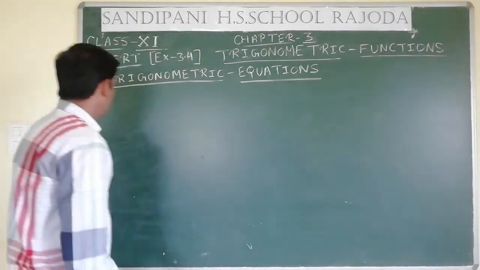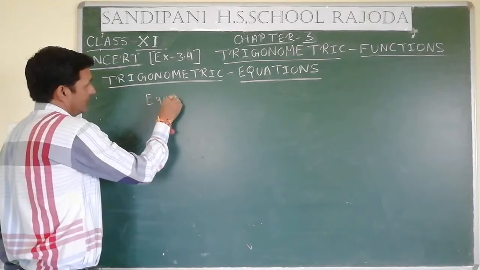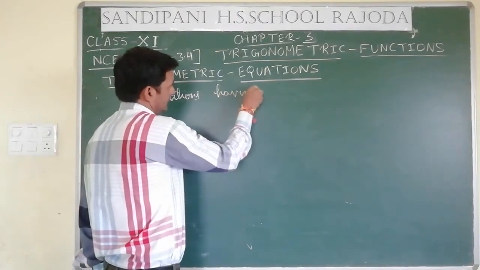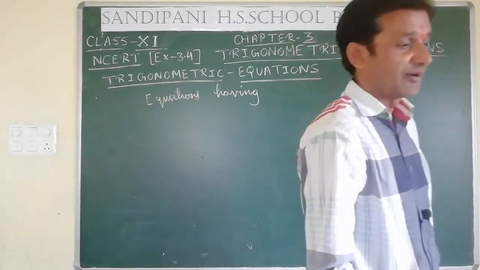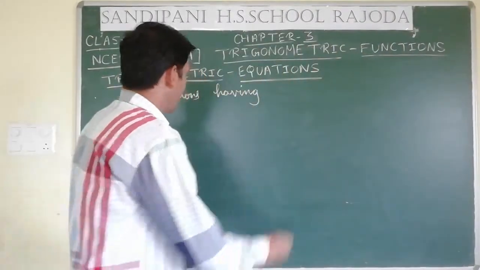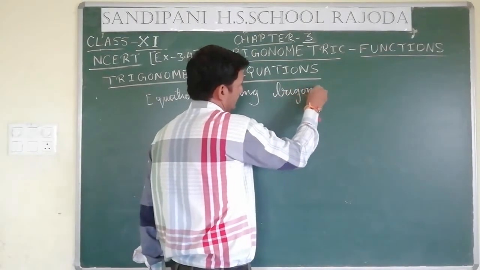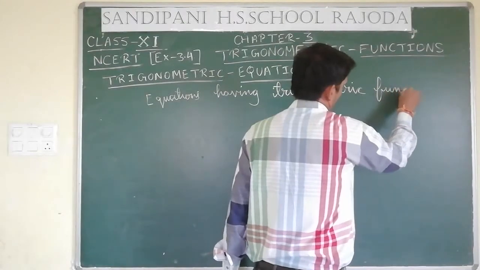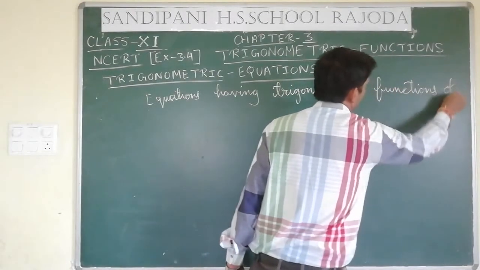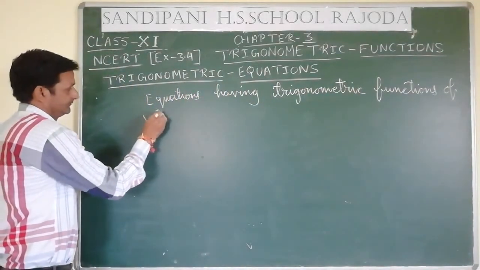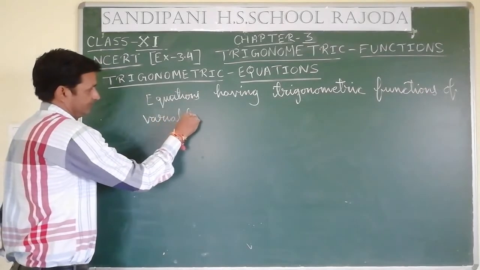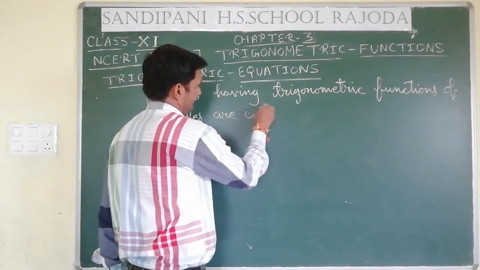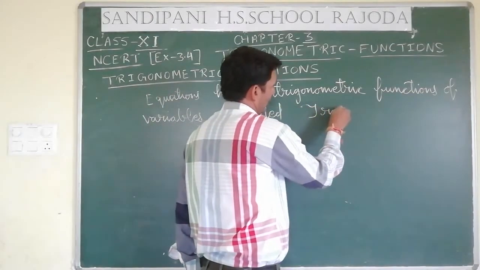So equations having trigonometric functions of variables are called trigonometric equations.